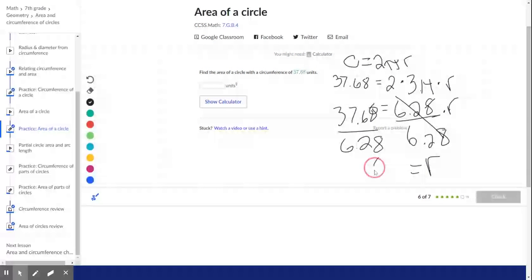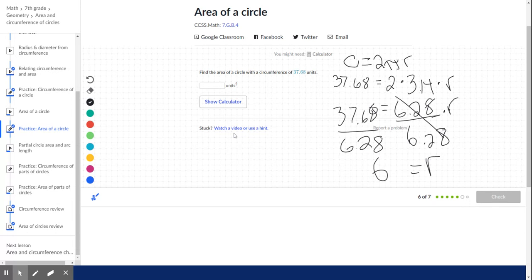So r is 6. Now I can plug it back into my other equation, which is A equals pi times r squared. Pi was 3.14. We came to the conclusion that r was 6, but I have to square it. I know that 6 squared will give me 36, but I still have to multiply it by 3.14.